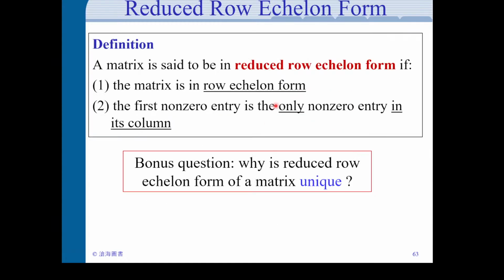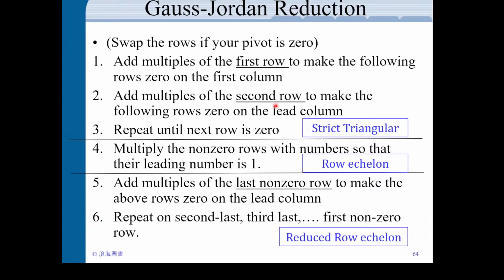Here is a slide for the steps of the Gauss-Jordan reduction. In the first step, you make the matrix triangular.